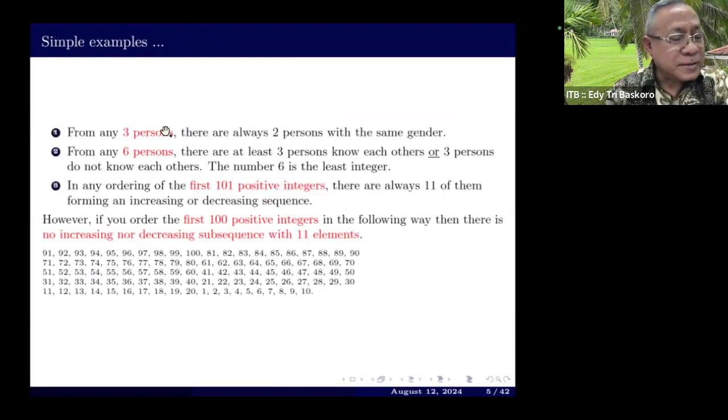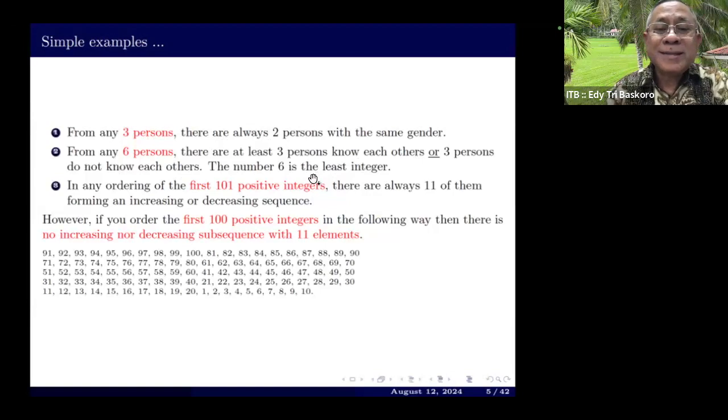These are simple examples. First, it's trivial that from any three persons, there are always two persons with the same gender, right? And then the second example, from any six persons, there are at least three persons who know each other or three persons who do not know each other.